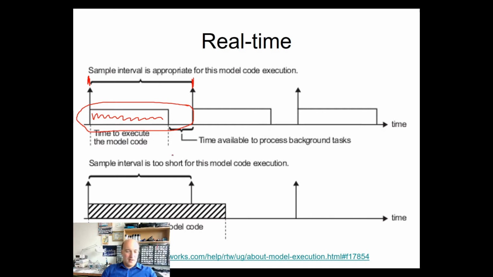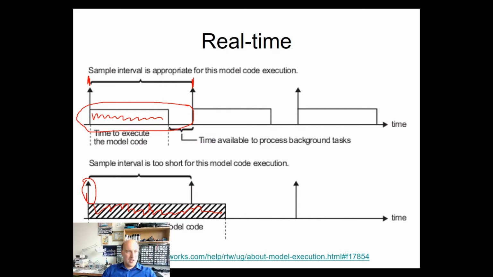The other option is that it's not possible. We can see it here on this picture. Let's say that here we have the sample that we acquire from some input. Then this is my code. And now we can see that it takes longer, and therefore this second sample will come before it has finished.